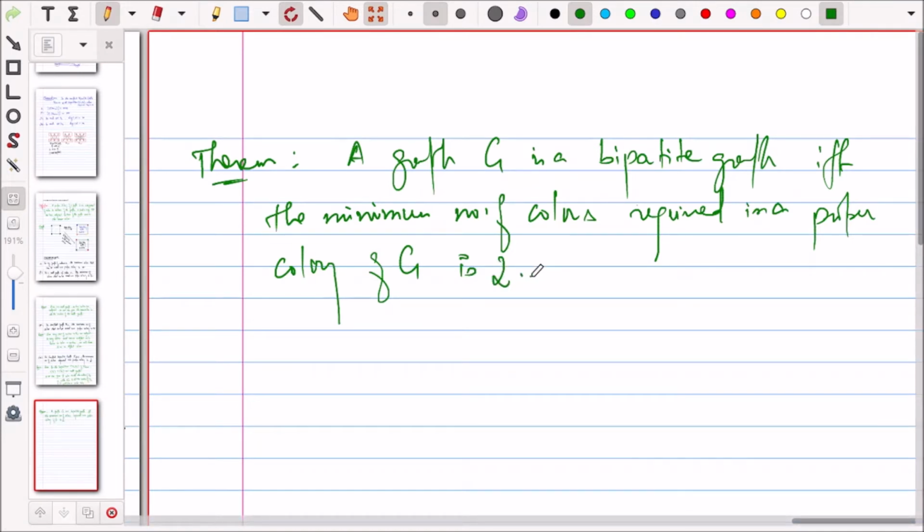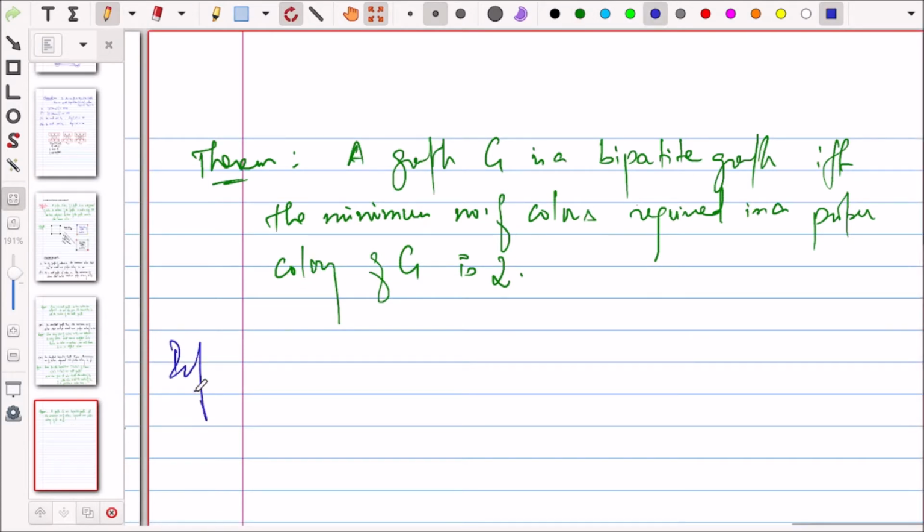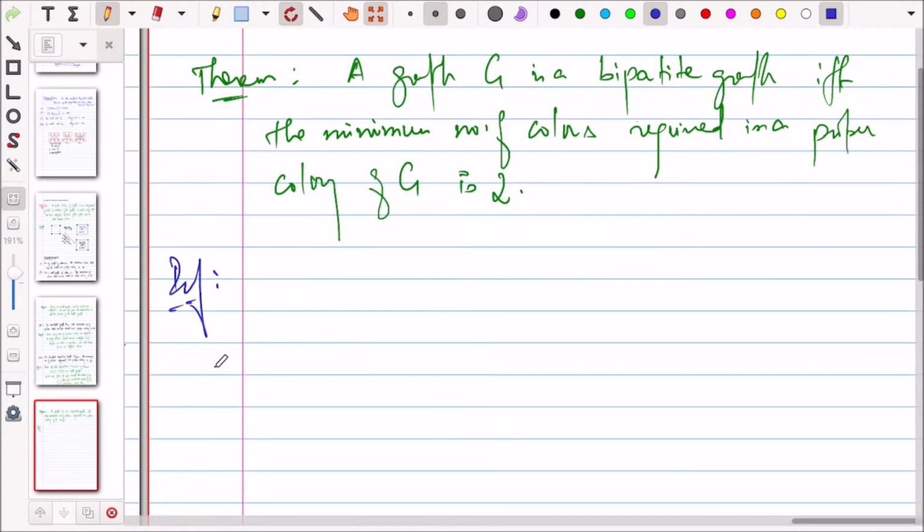Okay, if minimum number of colors required in a proper coloring of G is 2, then that graph has to be a bipartite graph. Okay, so let us try to write its proof. So this is the first result that we are doing, right? First theorem. The graph G is a bipartite graph if and only if the minimum number of colors required in a proper coloring of G is 2.